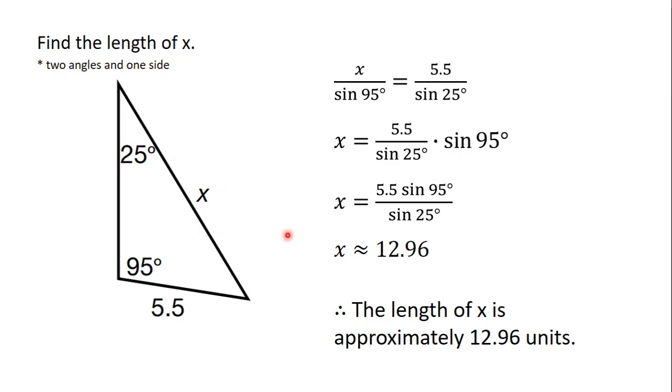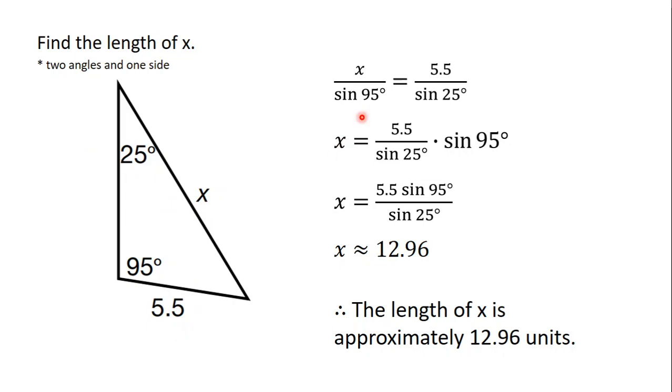By applying the law of sines, we're going to get this equation: x over sine 95 degrees is equal to 5.5 over sine 25 degrees.